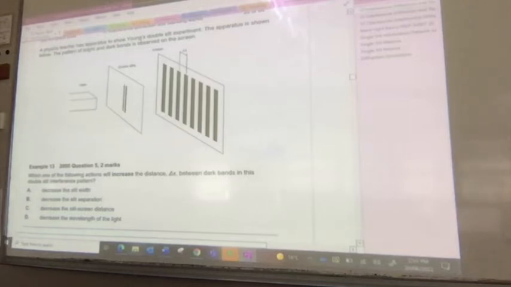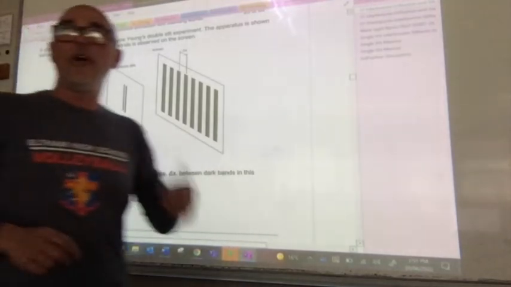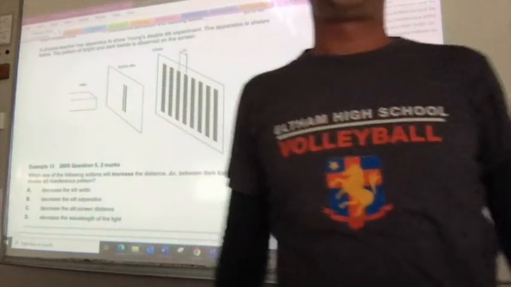Spread out, okay? Will decreasing the slit width? Well, the slit width isn't really a thing that we measure in double slit, okay? The slit width is set so that you get diffraction, okay? So in this respect, for double slit experiments, we don't worry about the slit width itself, okay?